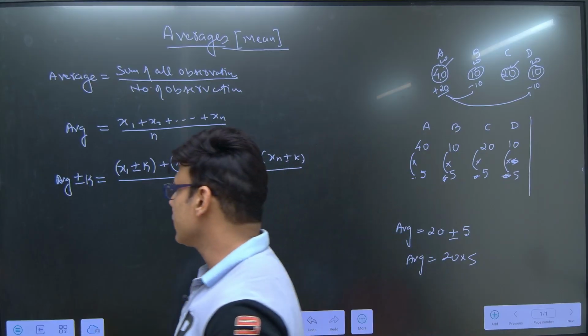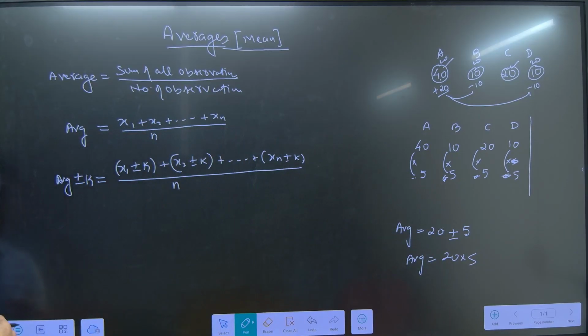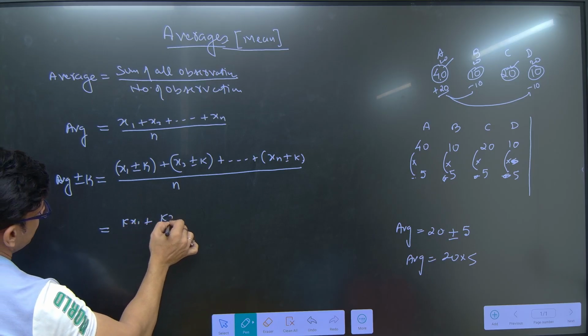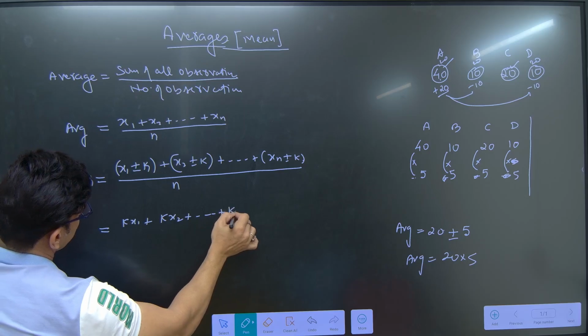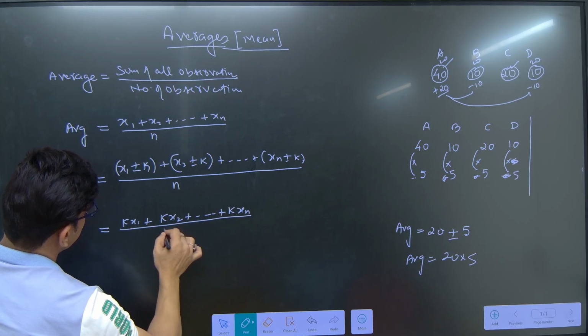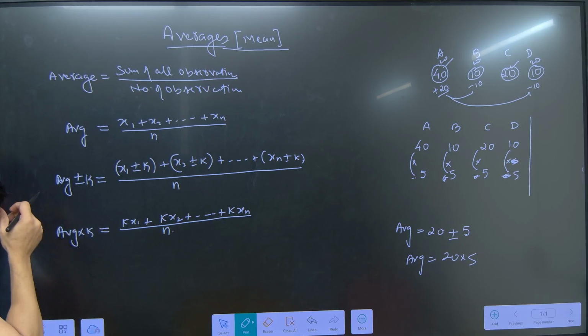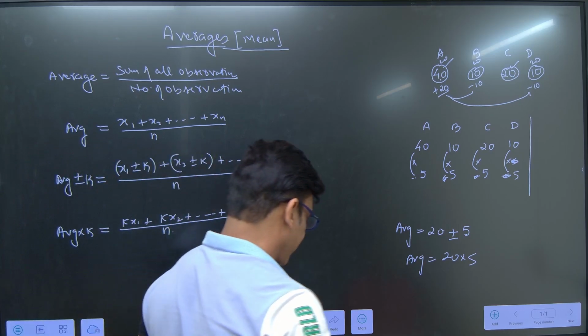If you multiply each term by k, that is kx1 up to kxn divided by n, average will also get multiplied by k, right? And if you divide each term by k, then average will also get divided by k, right? This is fine.